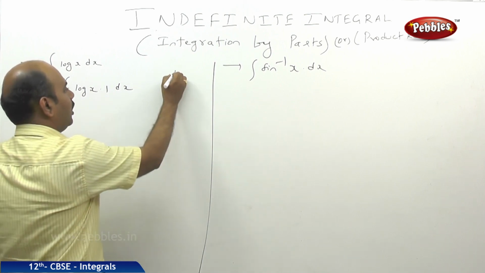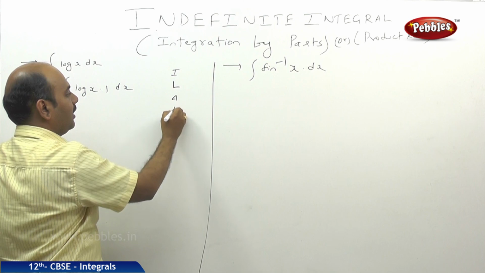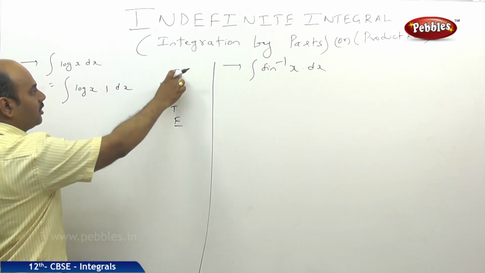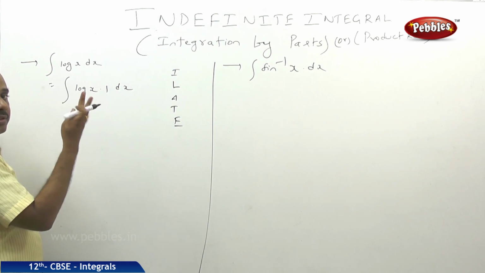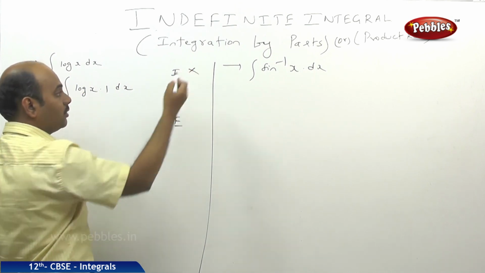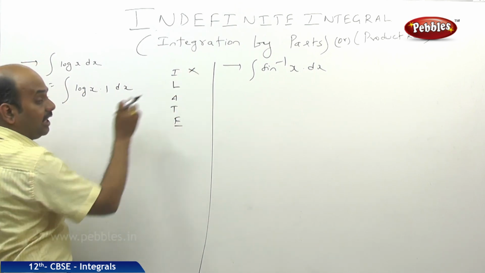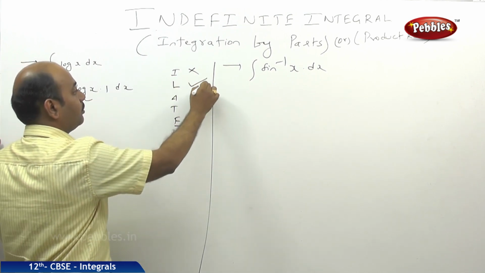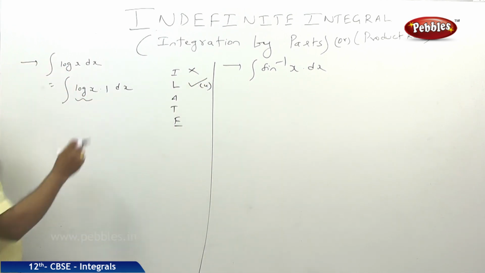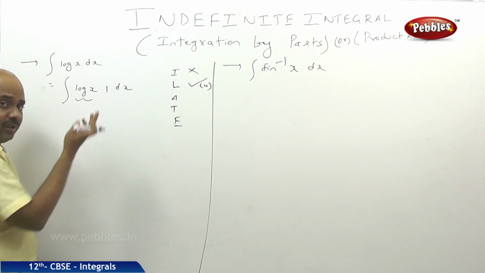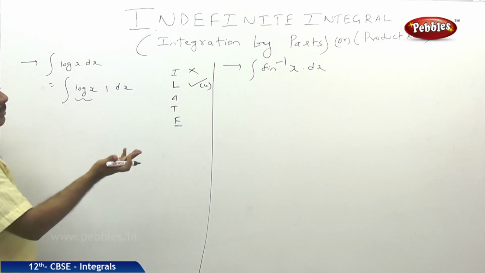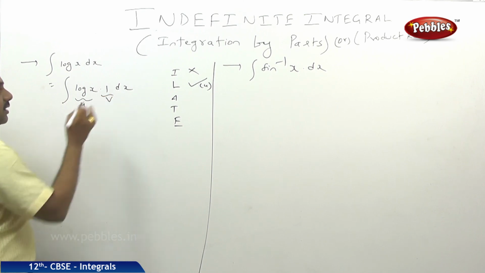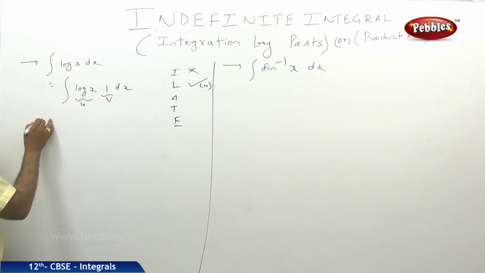So again I will be applying this particular rule, ILATE. Here inverse circular function is not there, so we cancel it. L means logarithm, logarithm of a function is there, so this should be treated as u, and the other is 1, which is also a function, nothing given means that should be treated as v. So what happens?